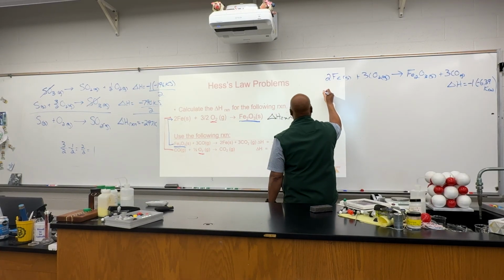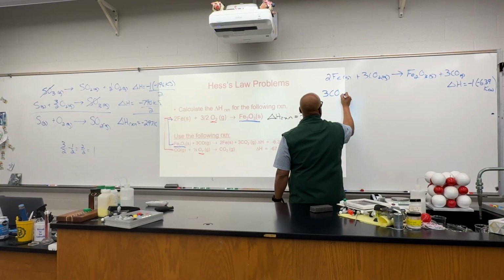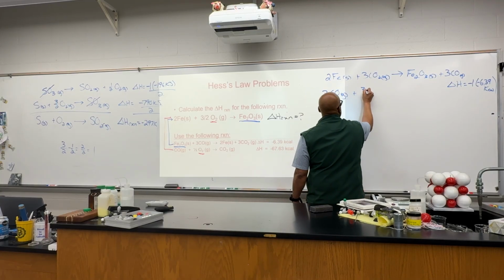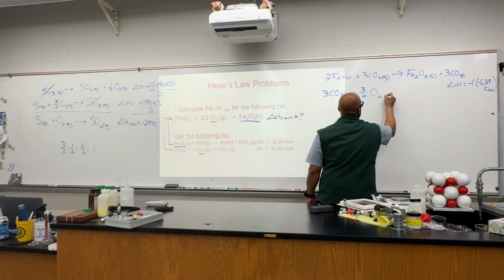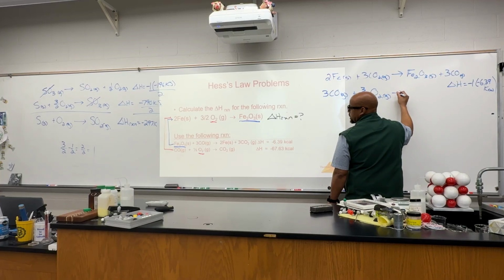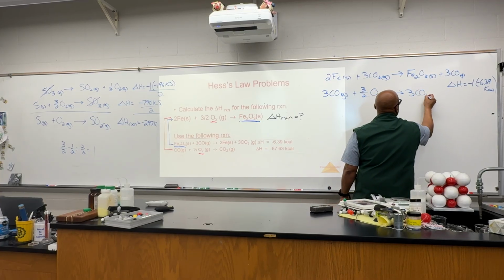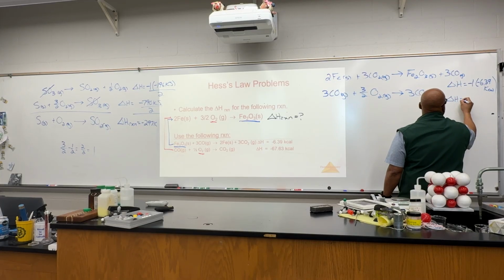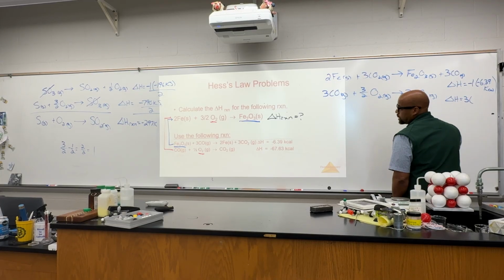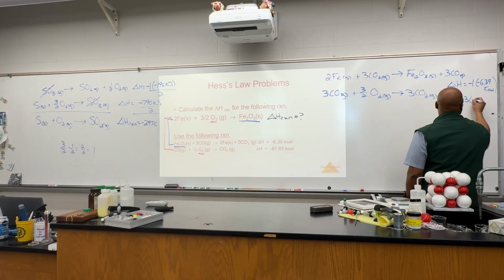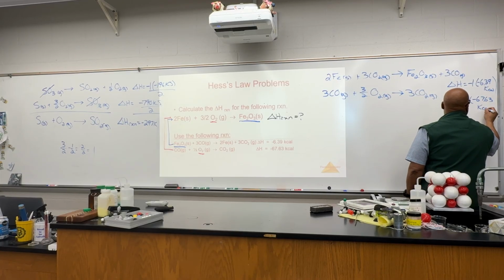So that's 3 CO gas plus 3 halves O2 gas going to produce 3 CO2 gas. And then my delta H over here is just going to be equal to 3 times -67.63 kilocalories.